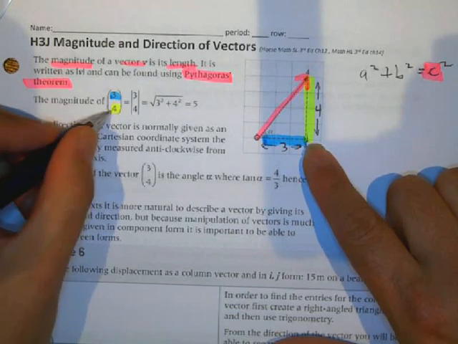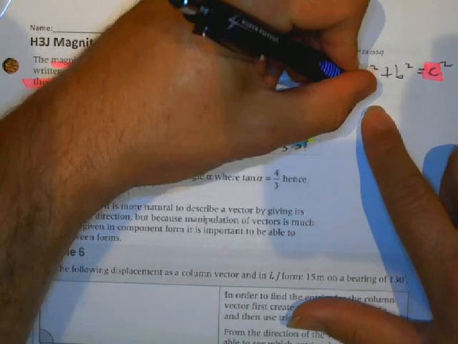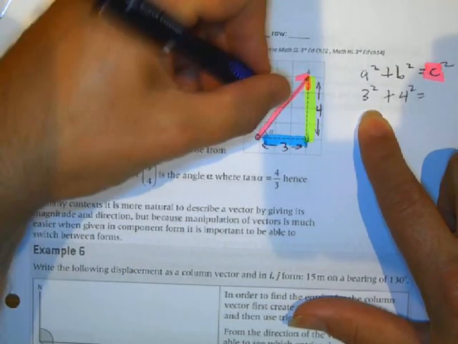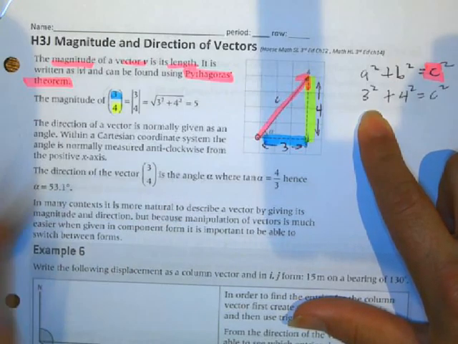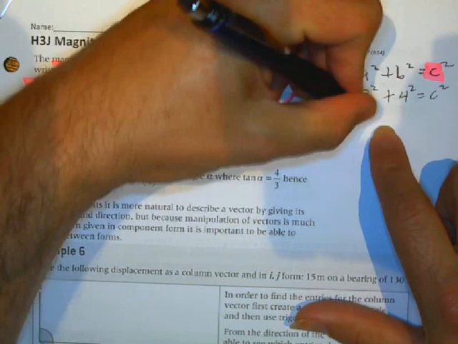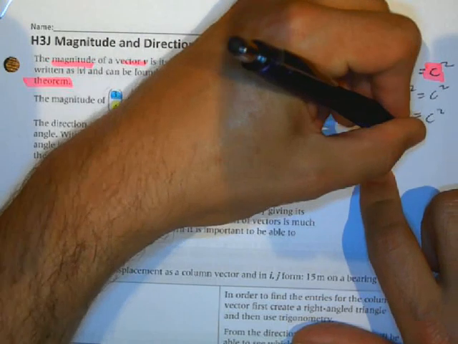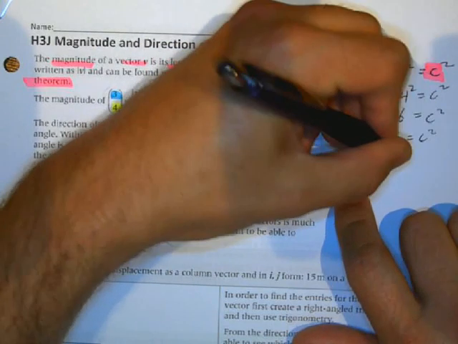So if I'm using Pythagorean theorem, I could say 3 squared plus 4 squared equals c squared. Okay, so 9 plus 16, c squared, 25, c squared, c equals 5, right?